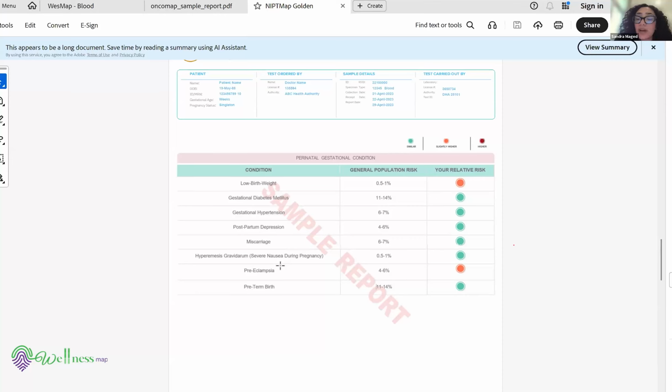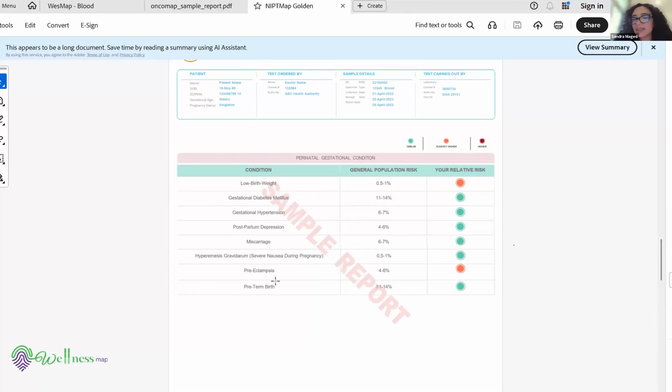Then we have the hyperemesis, and that specific condition causes severe nausea to the mother, and we can see that it is from 0.5% to 1%.